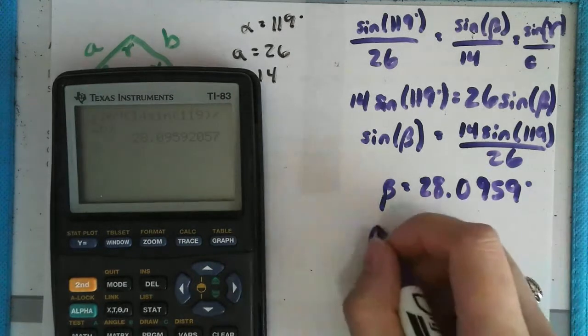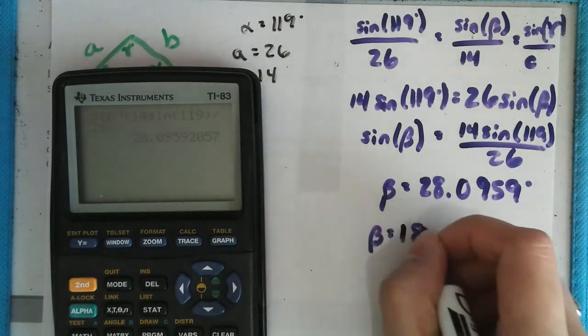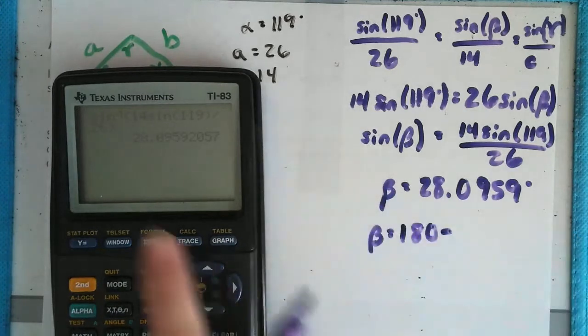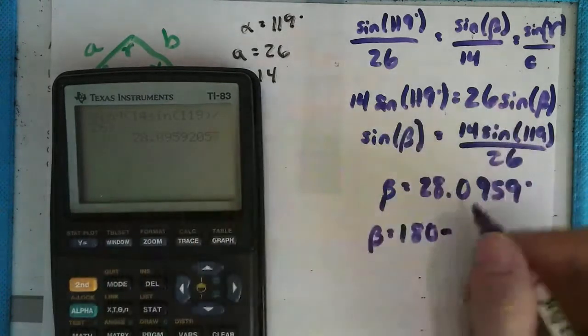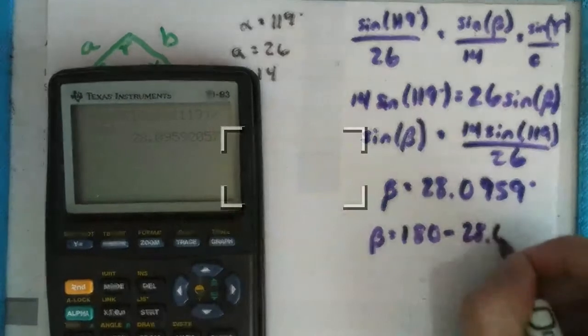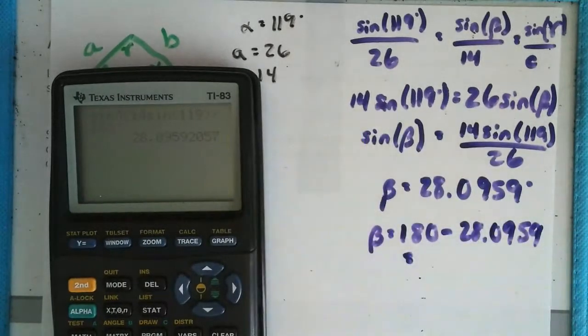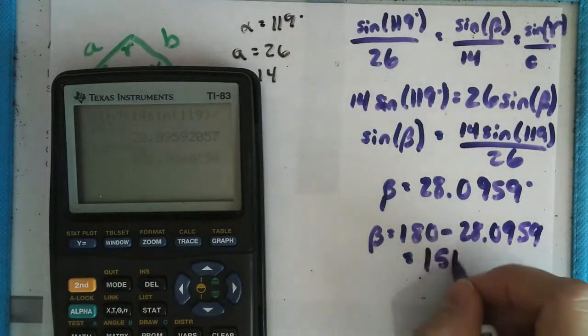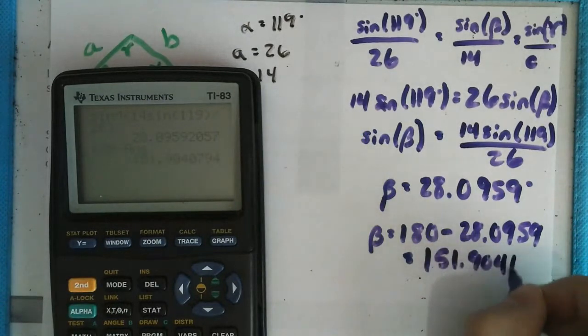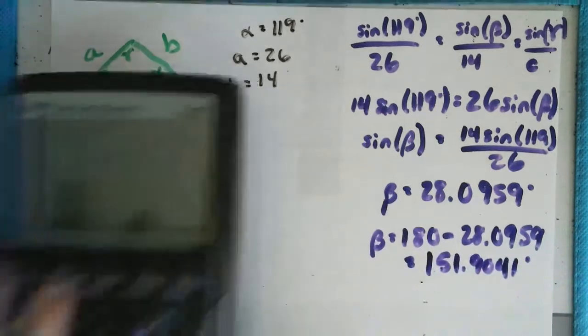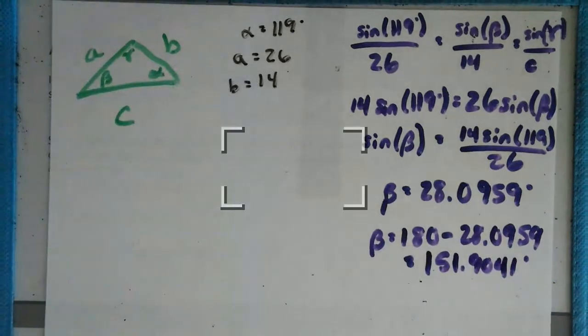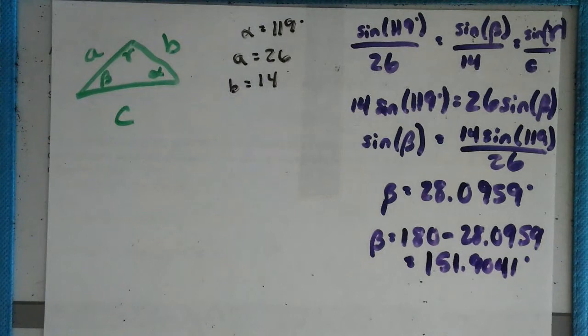So it's also possible that beta is equal to 180 minus this, which means beta could also be equal to 151.9041 degrees. This is why it's called the ambiguous case. It's possible we have two different values for beta.